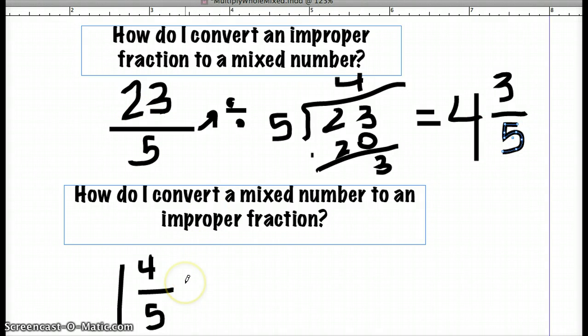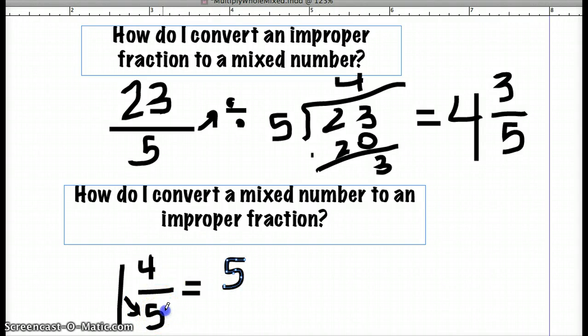Now, here's a mixed number down here, and we'll go through the process to see how to convert it to an improper fraction. And to do it, there's 3 steps. First step is we take our whole number and multiply it by the denominator. So 1 times 5 is 5.